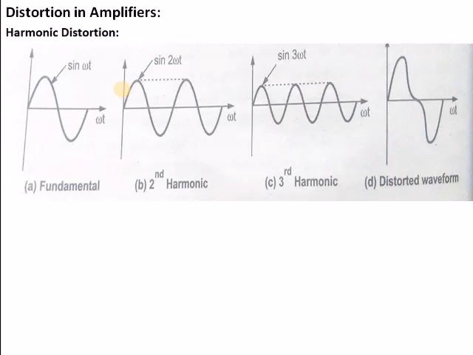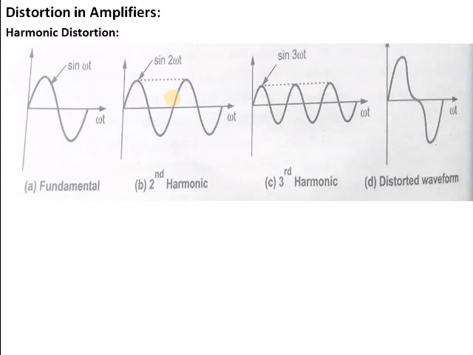Out of all these harmonic components, the second harmonic has the highest amplitude. One thing to observe is that as the order of the harmonic increases, like 2, 3, 4, the amplitude decreases. The higher order harmonic has the lowest amplitude and the second order harmonic has a very large amplitude.